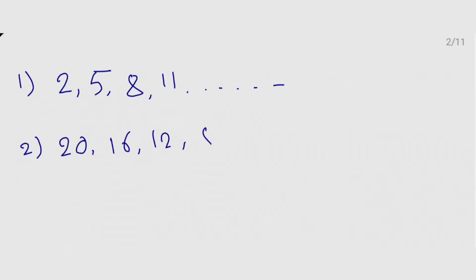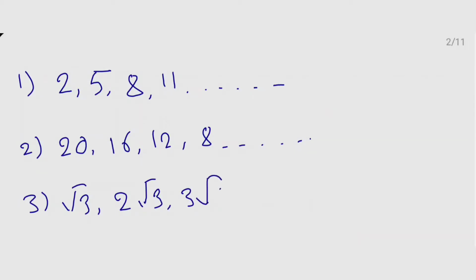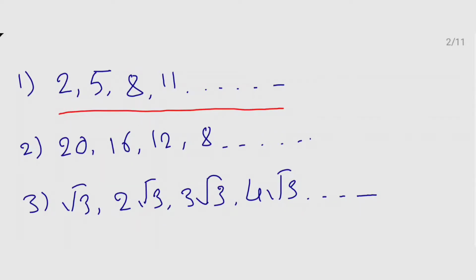12, 8, and so on. And a third one: root 3, 2 root 3, 3 root 3, 4 root 3, and so on. So in the first number pattern, each successive number is obtained by adding 3 to the previous number.